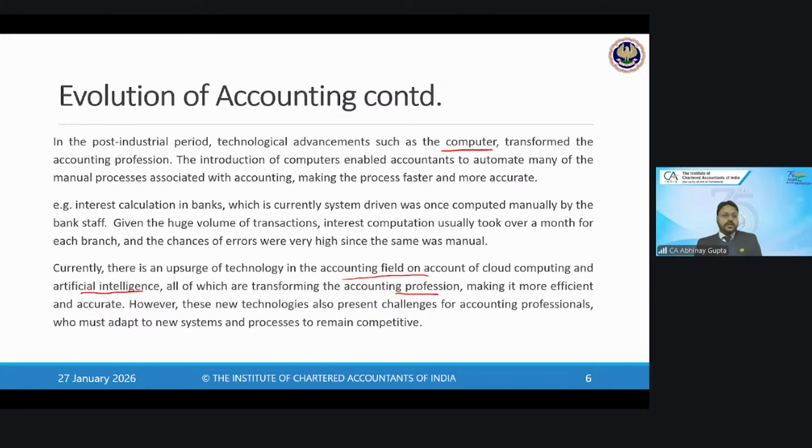Now, another use case people are generally using AI for is this: suppose earlier you were watching a video, and the video was say 1 hour long. You would have to spend 1 hour, or even if you watch it at a fast pace, you end up spending 30 to 45 minutes to complete that video.